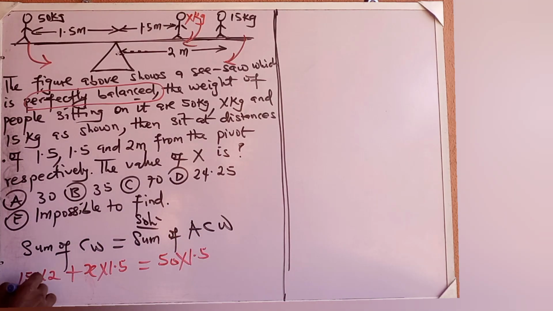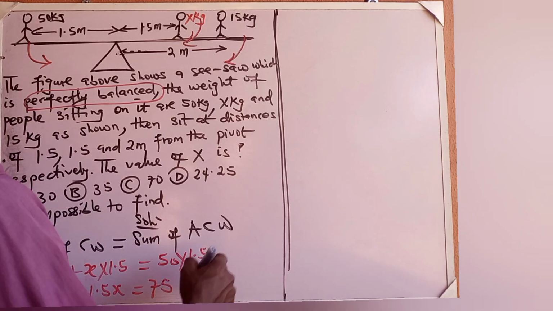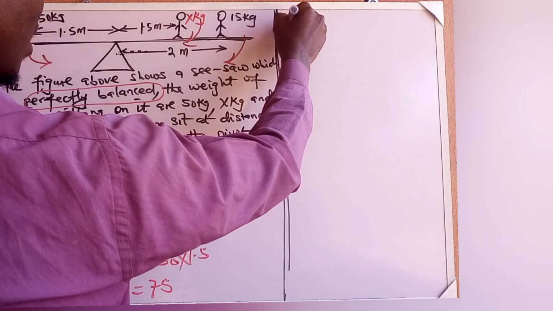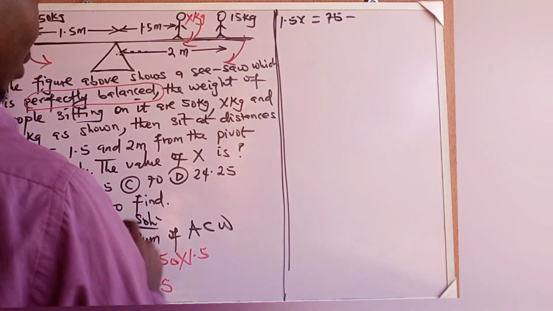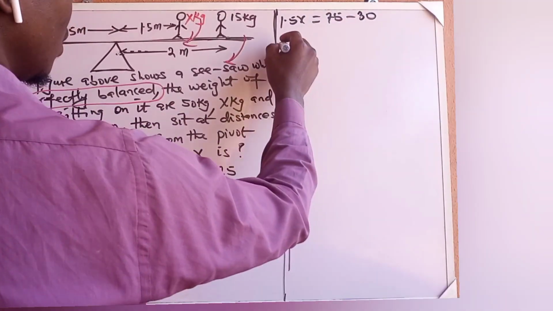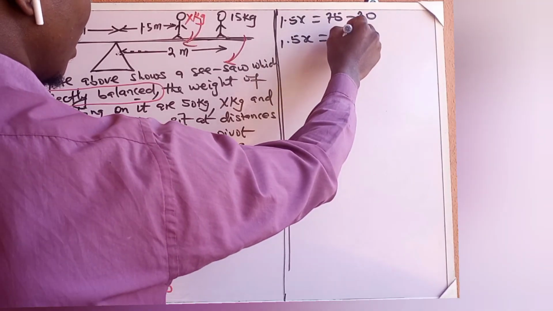So 15 times 2 gives us 30, plus 1.5x, and this will give us 75. Transfer this 30 to the other side. So we'll have 1.5x equal to 75 minus 30. So 1.5x will be equal to 45.